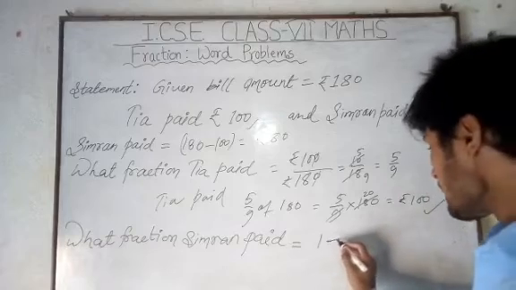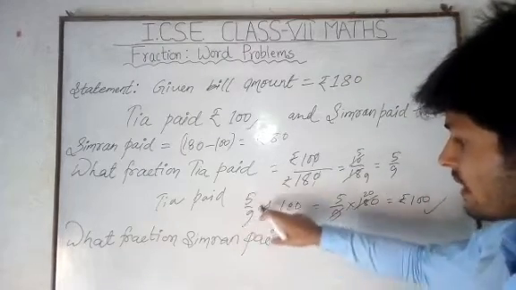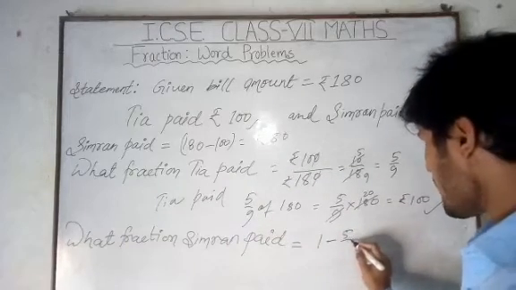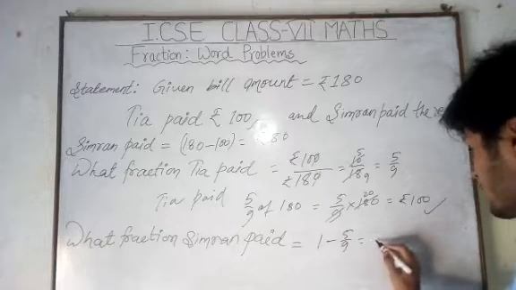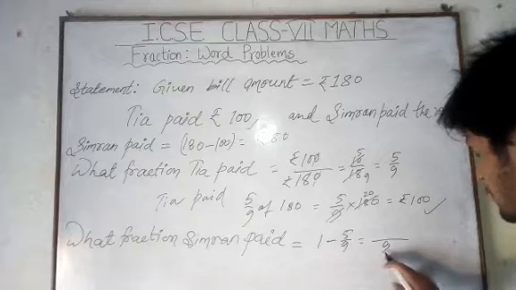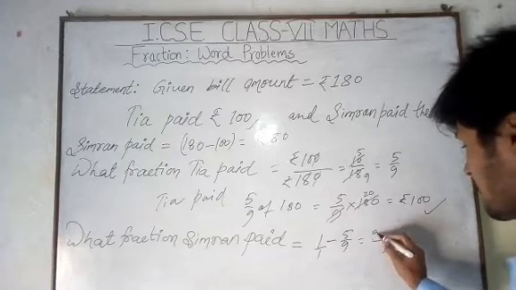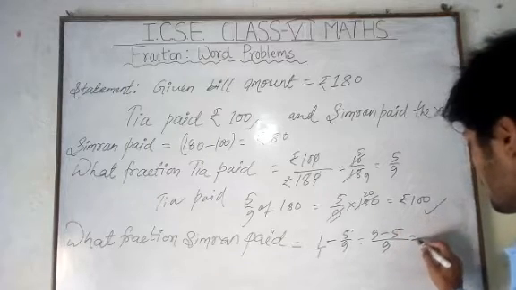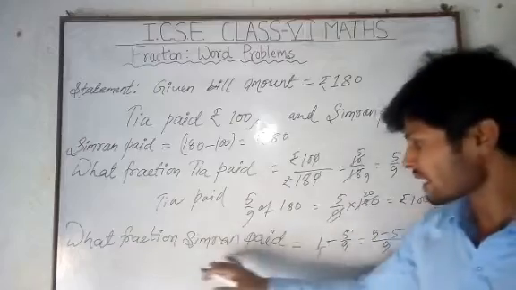So this one minus the fraction that Tia paid, which is 5 by 9. If we subtract 5 by 9 from 1, we get, see here 1 is multiplied by 9 to get 9, so 9 minus 5, so 4 by 9 is the fraction that was paid by Simran.